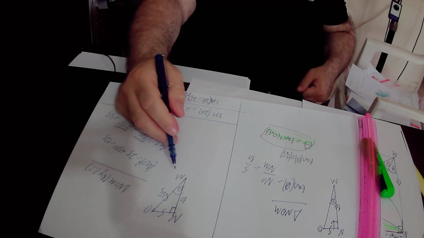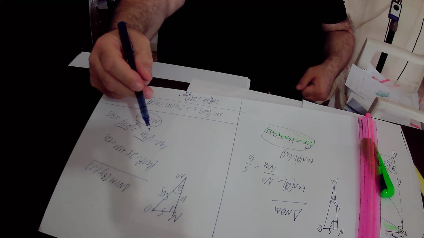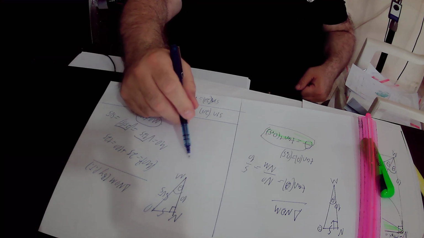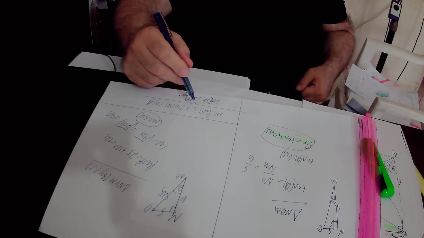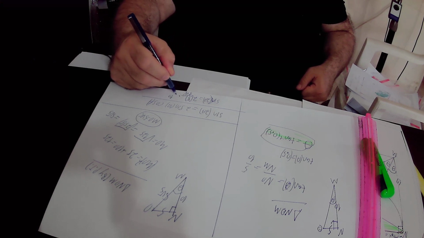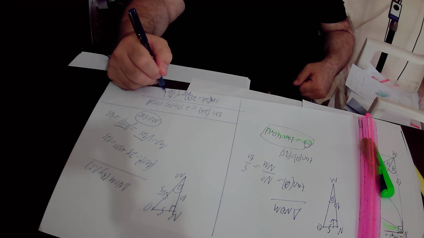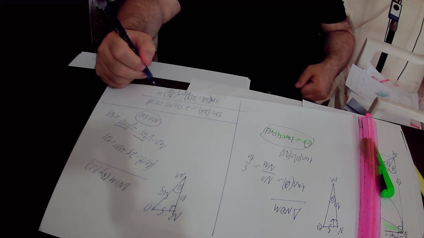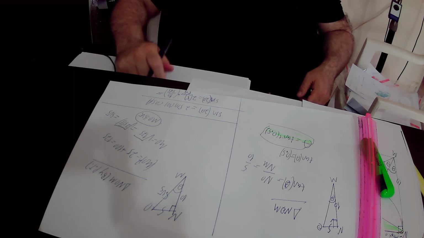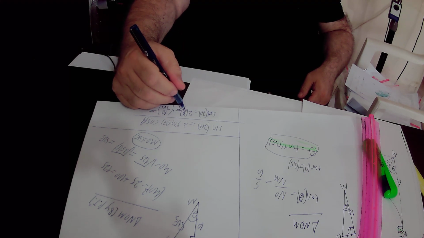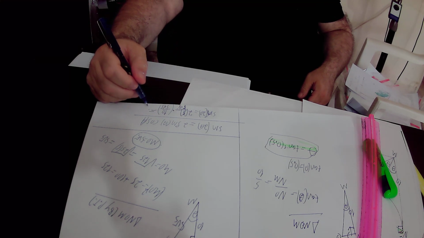From the right triangle NOM, it is easy to see that cosine theta equals NM over MO, that is 10 over 5 times square root of 5. Here we have 5 in the numerator and 5 in the denominator, so 5 gets cancelled.